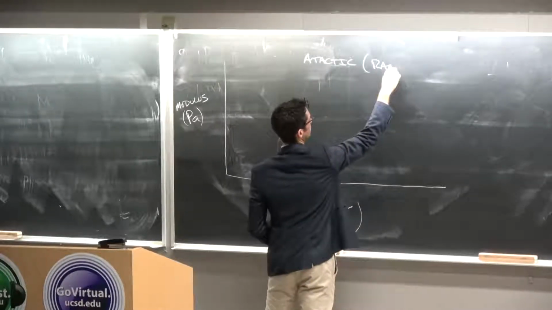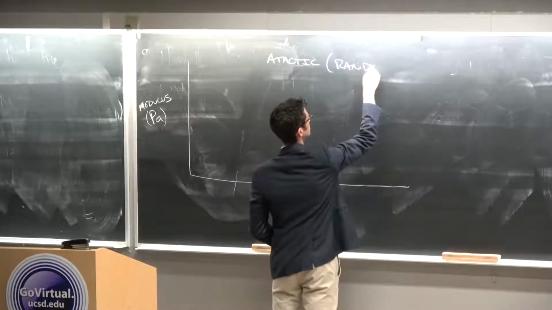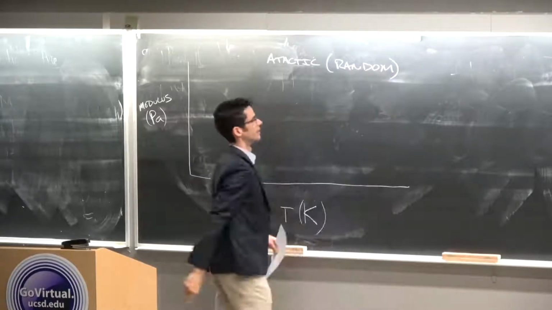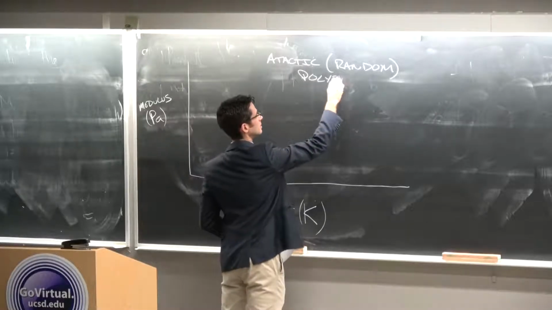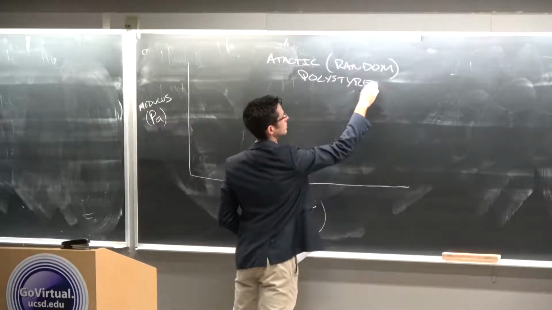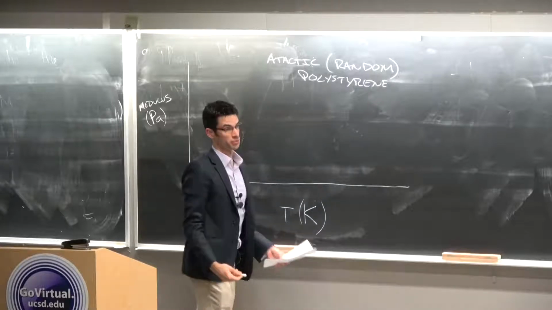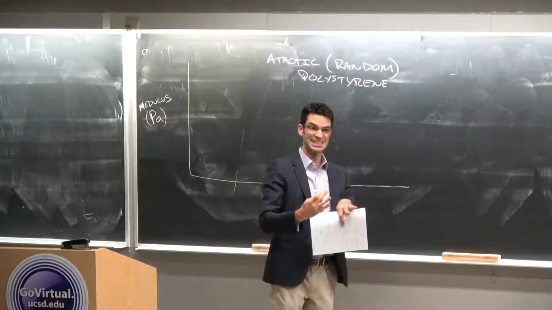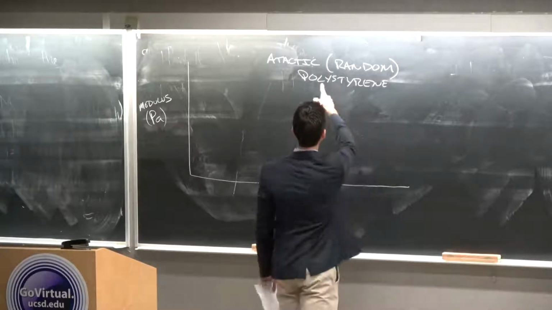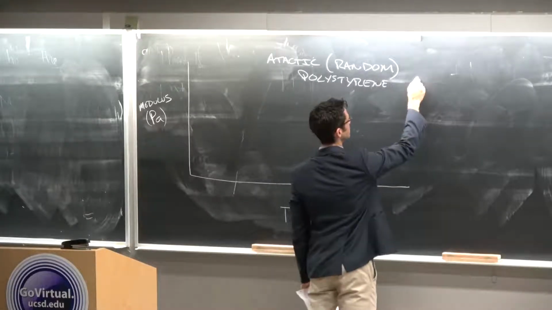And this is the random polymer that I drew before. Atactic just means random in terms of where the side chains, where the pendant groups are pointing. Atactic random polystyrene, which is amorphous.